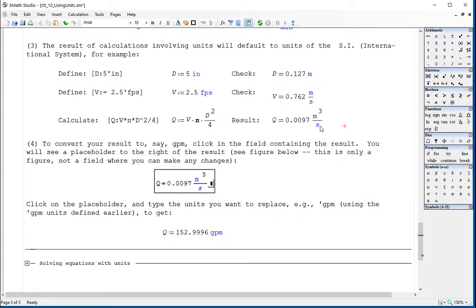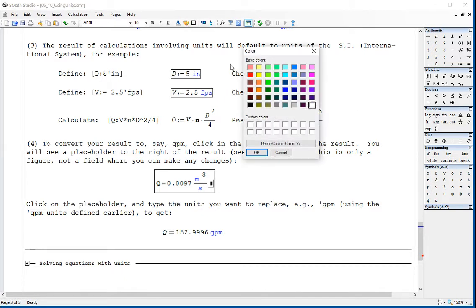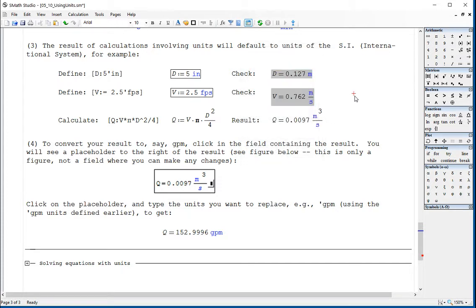But say I don't care about those values. I want my units in the English system. So what you want to do is you click on the right side of the result here, click on that placeholder and type quote GPM, gallons per minute, for example.